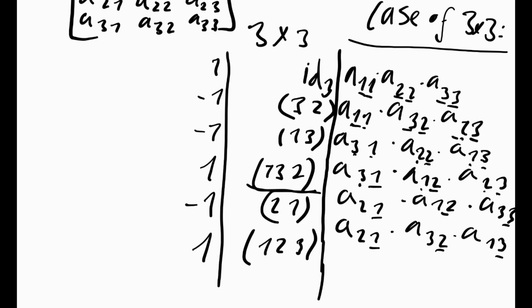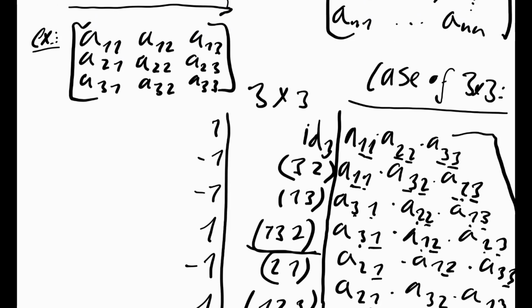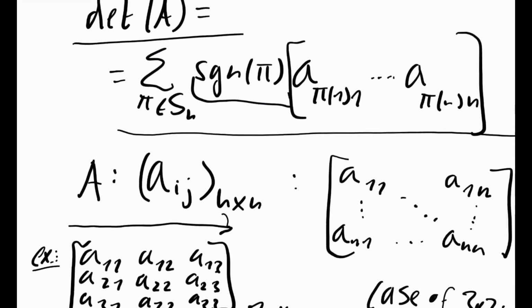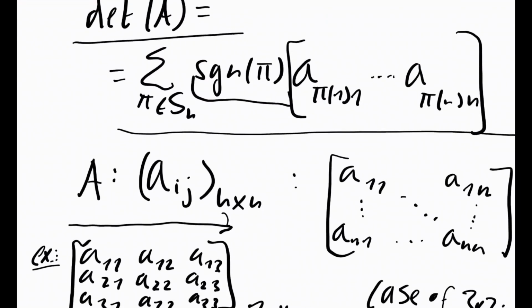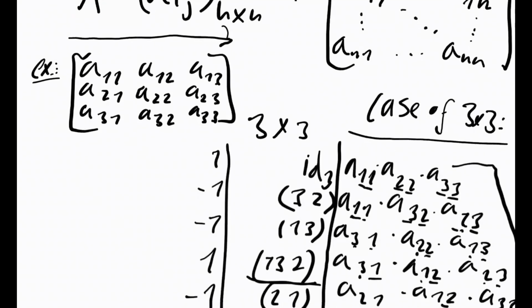So as we see, there's the same number of odd and even permutations. Like here, we see there's 3 odd permutations and 3 even permutations. And so for all of these products, we add them up according to this definition, and either put a minus or a plus in front of them when adding them up.